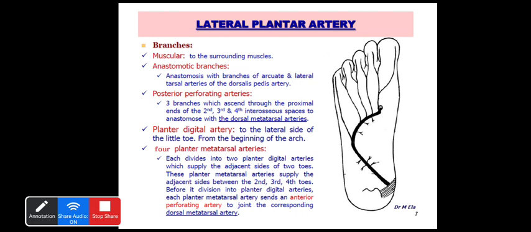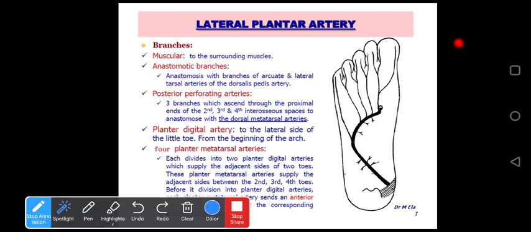And also the plantar distal artery to the lateral side of the little toe arises from the beginning of the arch, because this artery is a direct branch from the lateral plantar artery. So that is the plantar distal artery, you can see in the diagram, to the little toe.